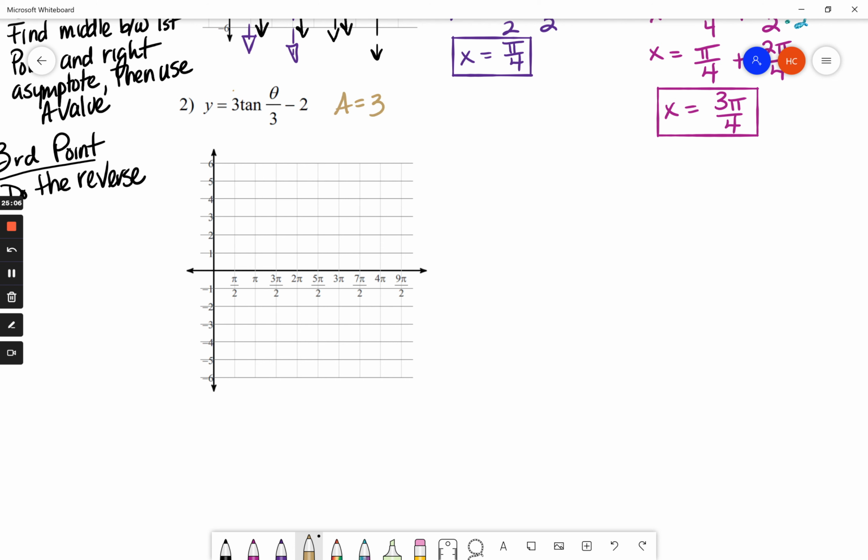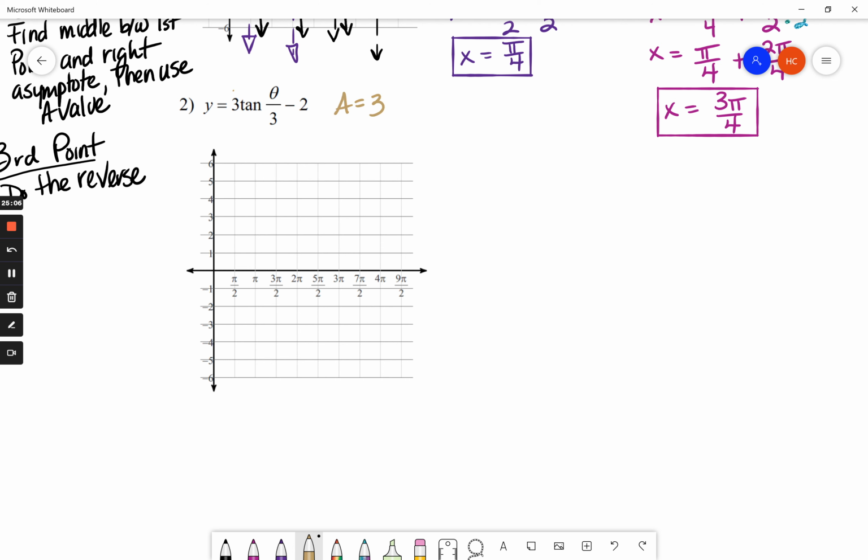And so x equals the top fraction, pi over 2, times the reciprocal of the bottom fraction. Pi times 3 is going to be 3 pi, and 2 times 1 is going to be a 2. So here is the equation of my first asymptote.